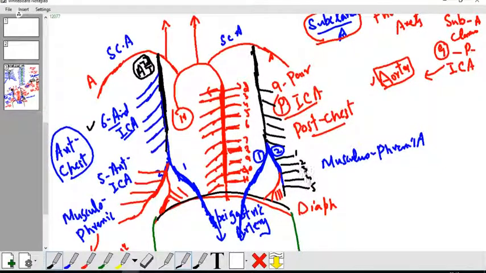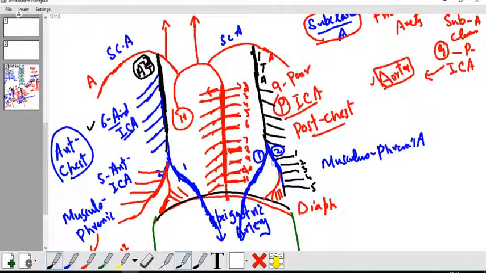These are the 5 anterior intercostal arteries. The 6 are already done. The internal thoracic artery already gives 6 branches here. These are the 6 anterior intercostal arteries, and the 5 here.